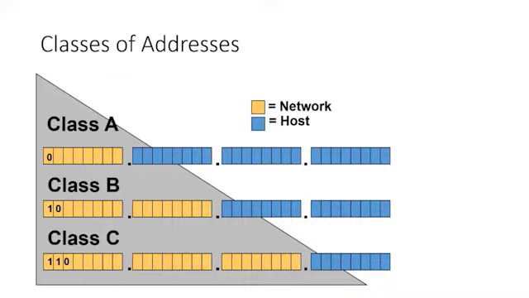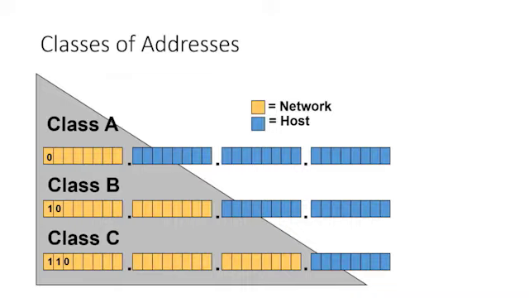Now we also have a Class B, and you can see that they're kind of sliding over the network portion, aren't they? Because now we have the first 2 octets as network portion, and the last 2, octet 3 and 4, are host portions. So look at where the blue and the light brown are separating those.